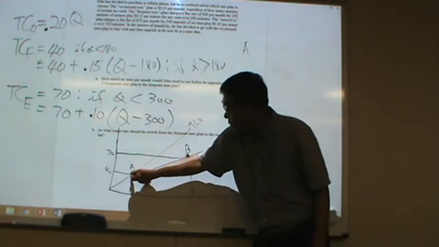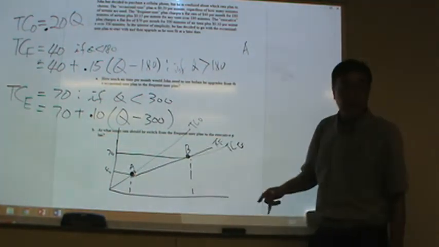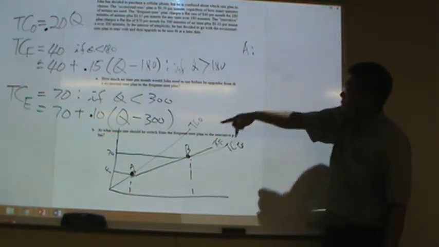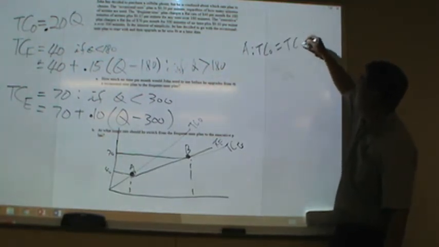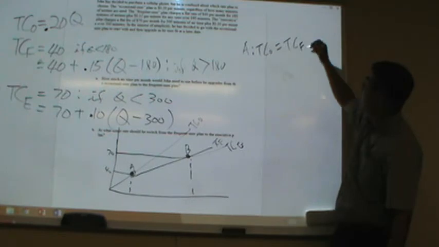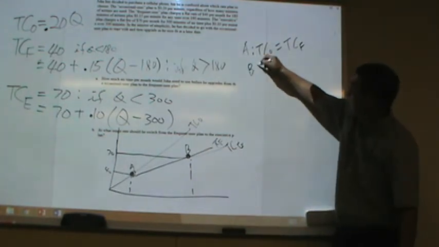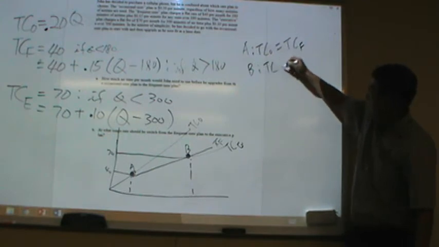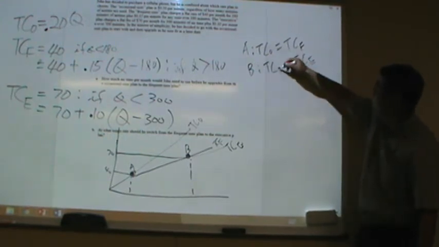On point A, first point, TCO and TCF. So first point, TCO equals TCF. This point, let's say B, TCF equals TCE.